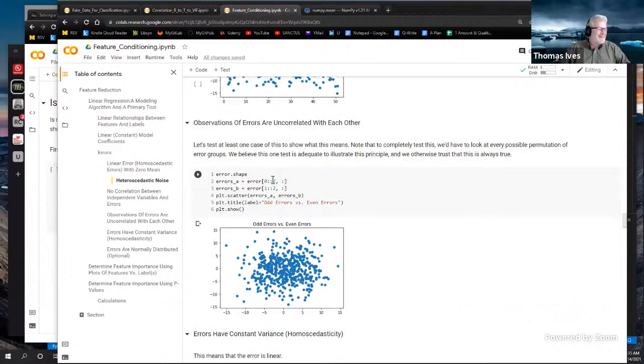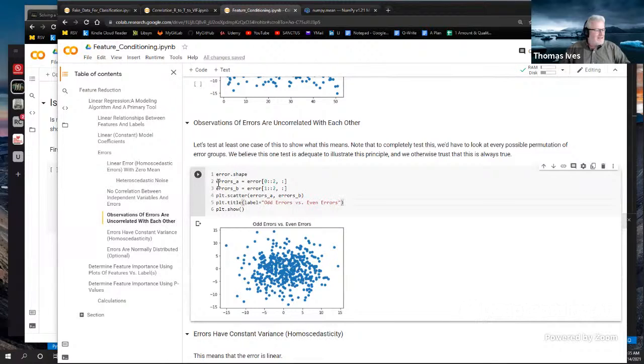I split it. If I index the errors and I say I'm going to take all the even ones, now I want to show you this in case this is a wonderful NumPy trick. With NumPy, for each dimension, you can do start, colon, stop. If you leave that blank, it assumes you're going all the way.